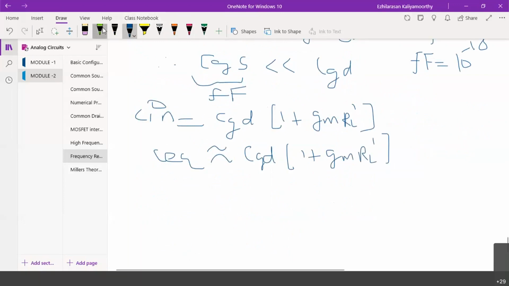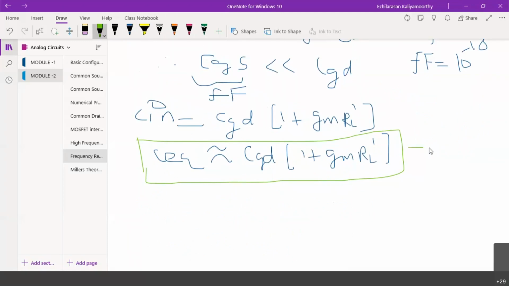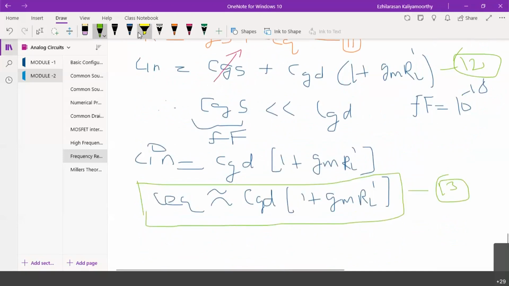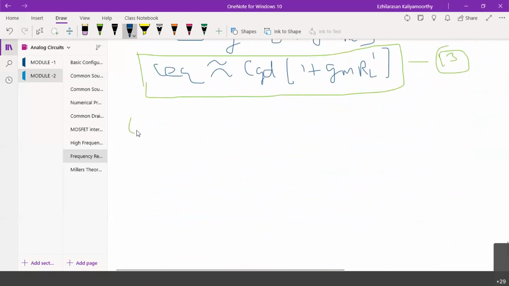This is nothing but your C equivalent. I call this equation number 13, and the equation number 12 is the previous one. Now let us consider the input.